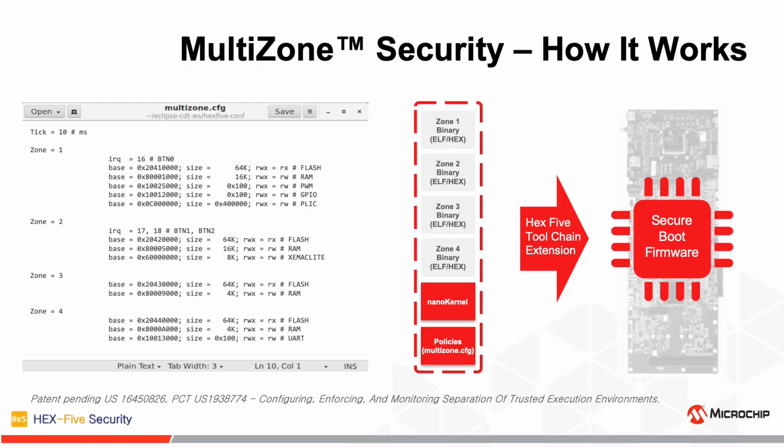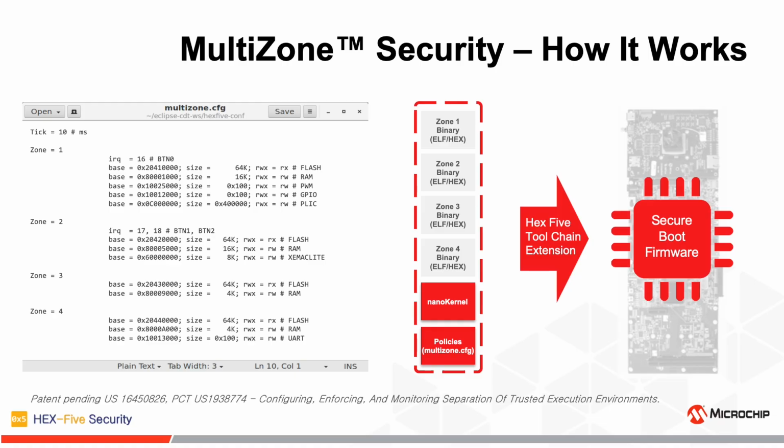The system will keep working. Every zone is guaranteed to run. There is a preemptive kernel scheduler built in. The nano kernel is injected, which is super thin, along with those policies. The whole file is signed and ends up in the secure boot firmware. That's really how it works, and I think this is really what every developer would like to see, basically.